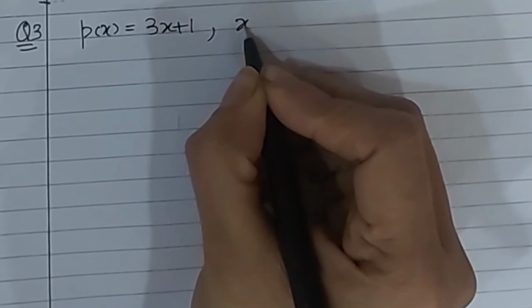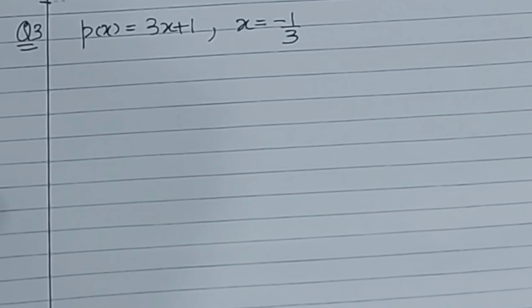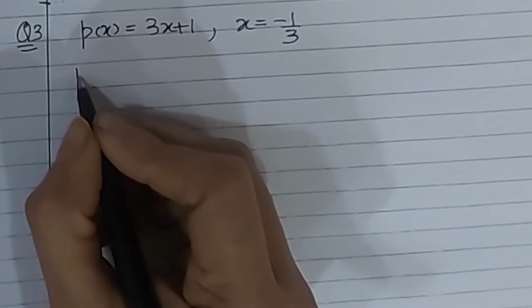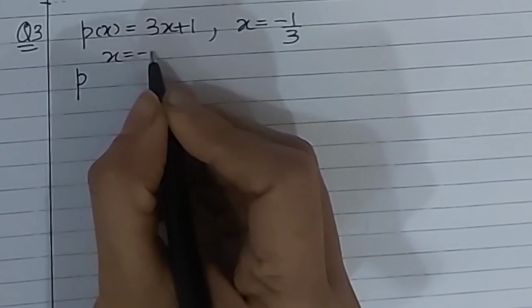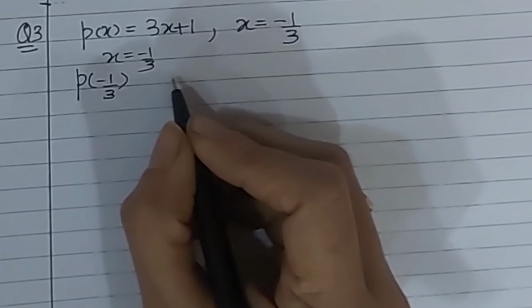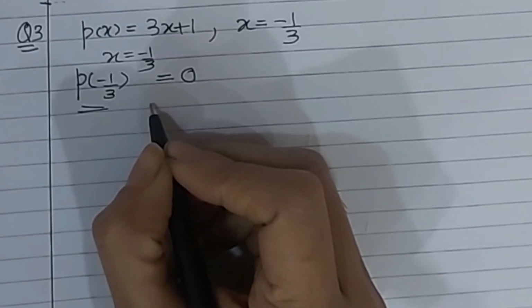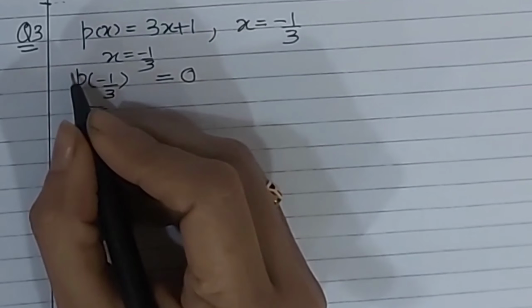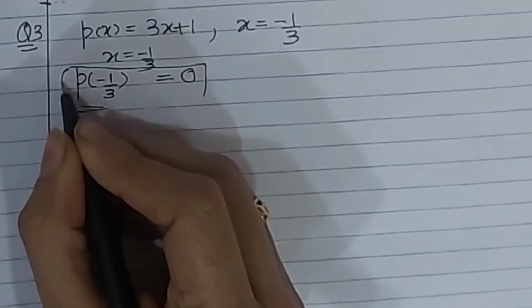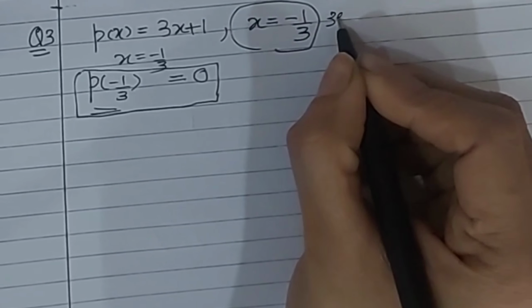And here the value of x is given minus 1 by 3. Question says whether the following are the zeros of the polynomial. What it means, if we put the value of x is equal to minus 1 by 3 in the p(x), we are getting the value of this polynomial as 0 or not. We'll check this condition. If it is true, that means this is a zero of the polynomial.